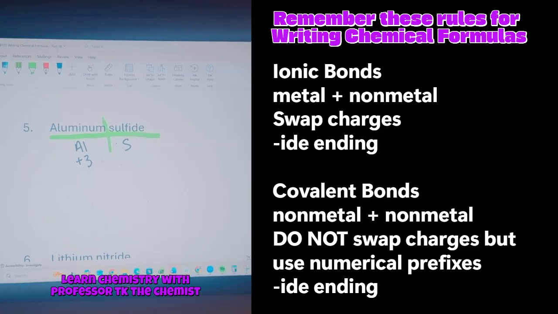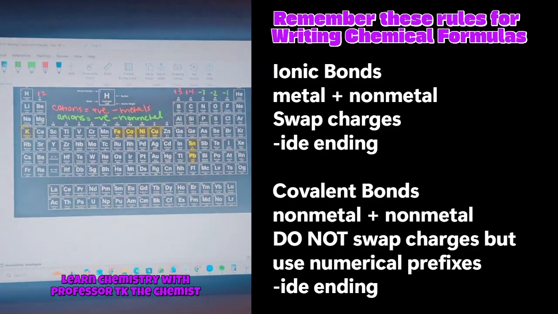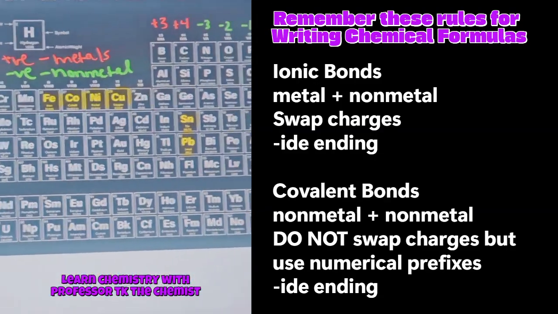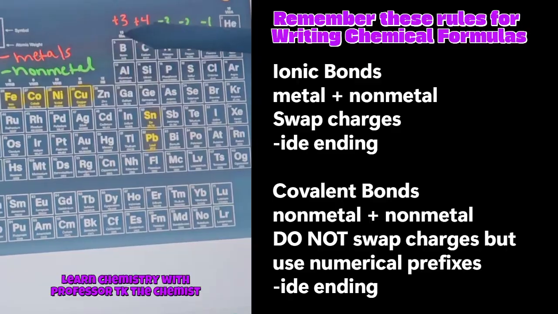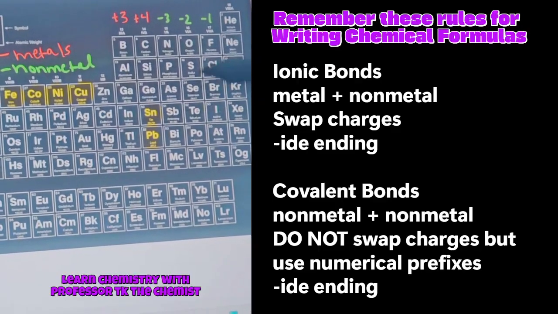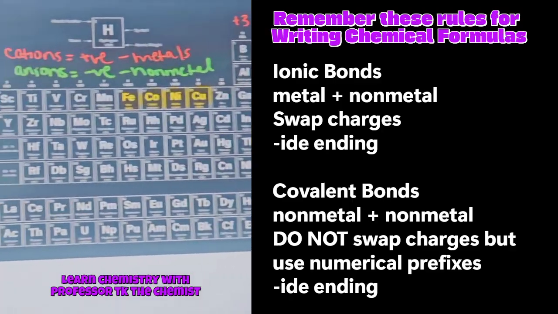But let me just show you all how I'm getting these charges, okay? So again, aluminum is right here. Just FYI, I'm going to zoom in so you all can see that. Aluminum is in group 13 with a +3 charge. Sulfur is in group 16 with a -2 charge, all right?